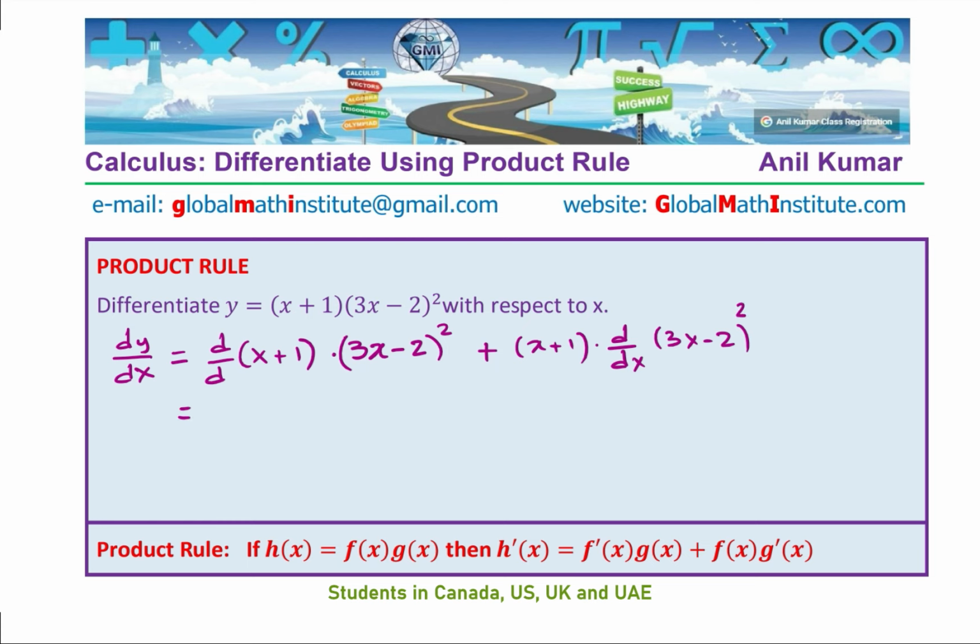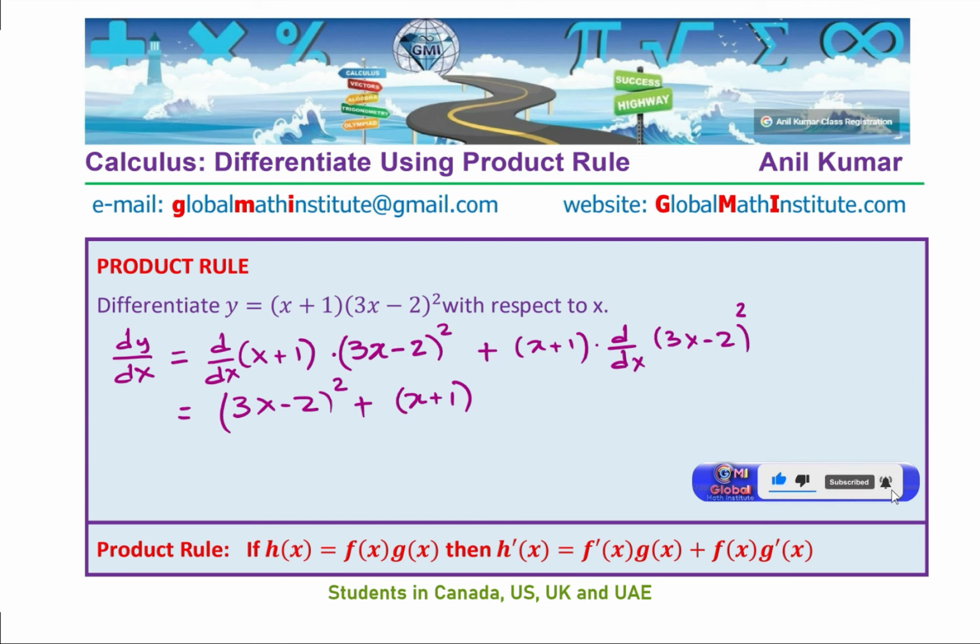Now what is the derivative of x plus 1? It is just 1, right? Therefore, we get this as (3x minus 2) whole squared. Now in this term, we have x plus 1 times the derivative of (3x minus 2) whole squared.